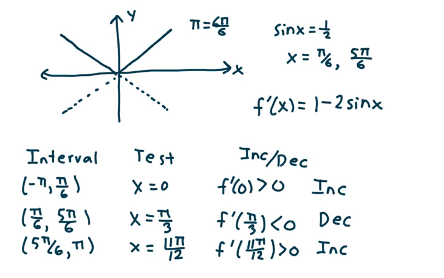Now, what does that mean? Well, let's remind ourselves, f of x is equal to x plus 2 cosine x, right?